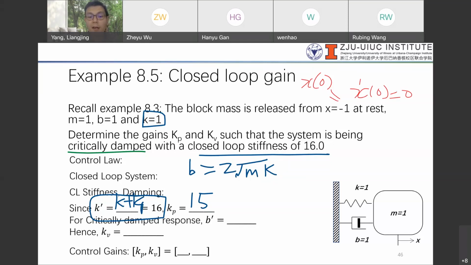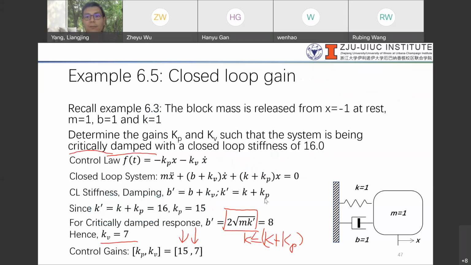And then with that, you can solve for your Kv, and that will give you your control gain. So basically here what you do is just substituting, right? Because you have your Kp equal to 15, right?